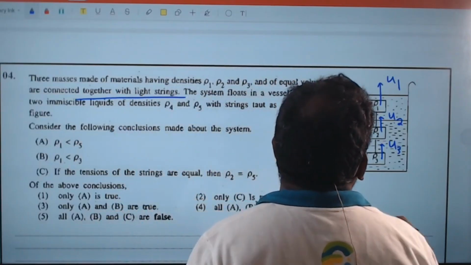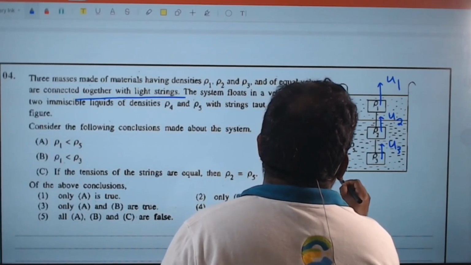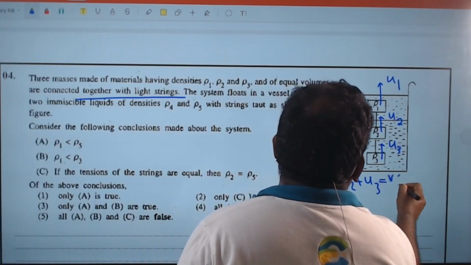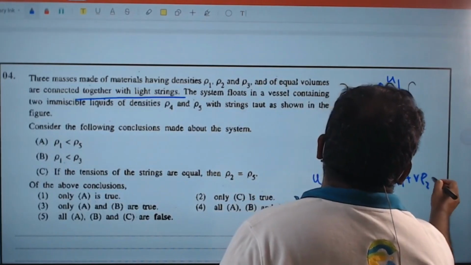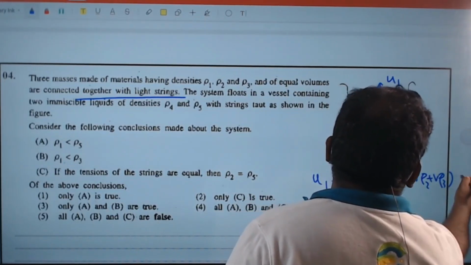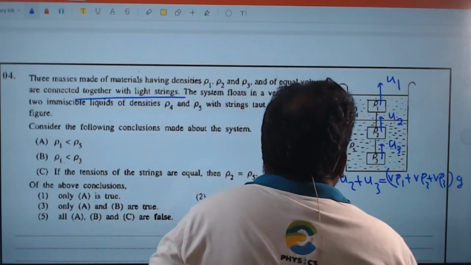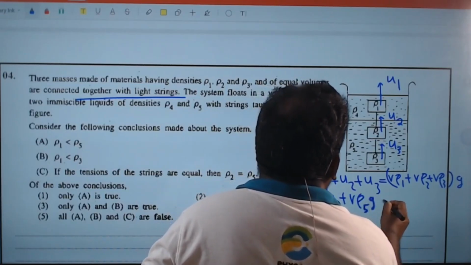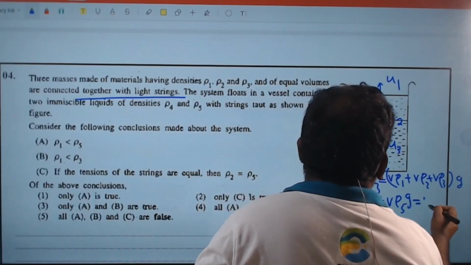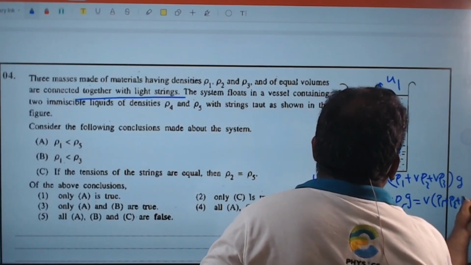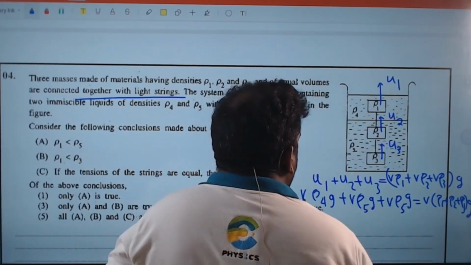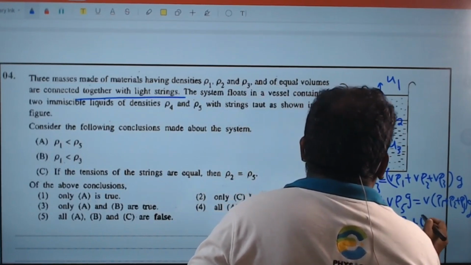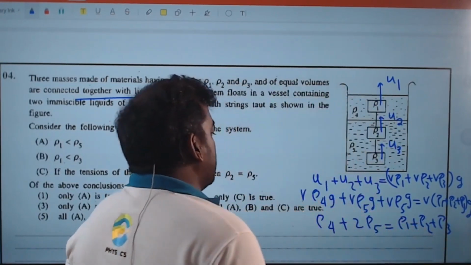So if you just basically take the full system, U1 plus U2 plus U3 equals V ρ1 plus V ρ2 plus V ρ3 times G. Here V ρ4 G, V ρ5 G, V ρ5 G, equals V (ρ1 plus ρ2 plus ρ3) G. All the V's cancel off. ρ4 plus 2 ρ5 equals ρ1 plus ρ2 plus ρ3. Full system.